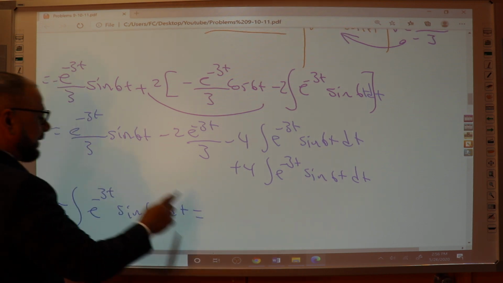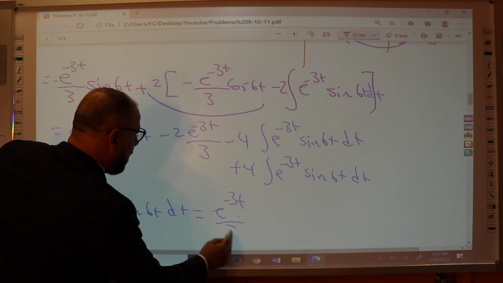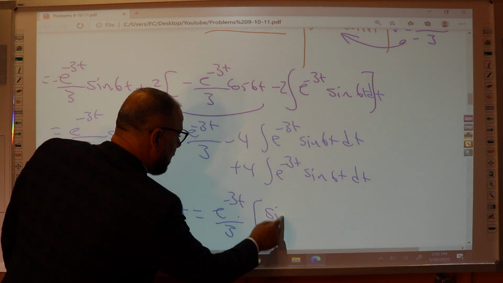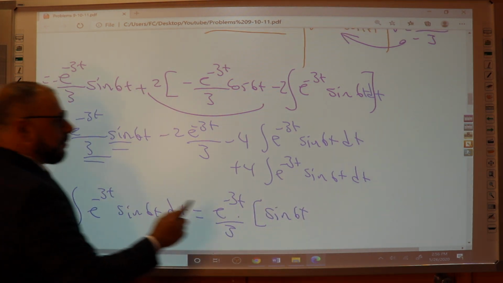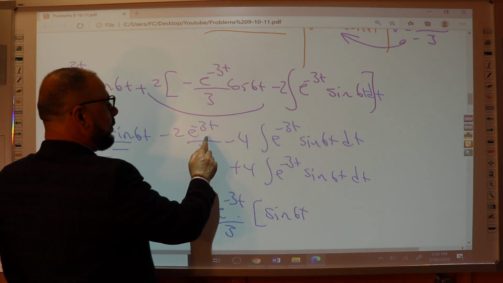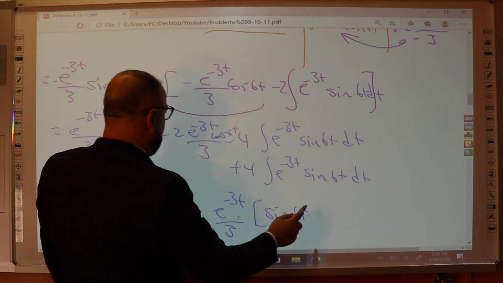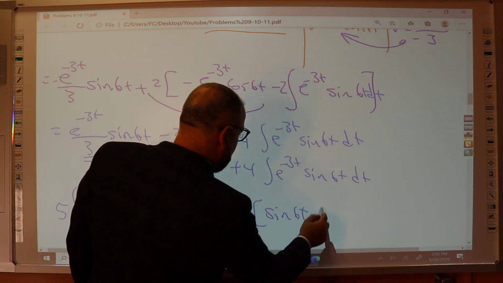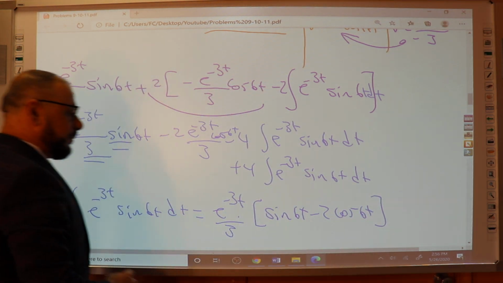We can take e to the negative 3t over 3 out, sine 6t, that's what I did. This, minus, we have cosine here, cosine 6t, minus 2 cosine 6t. Good.